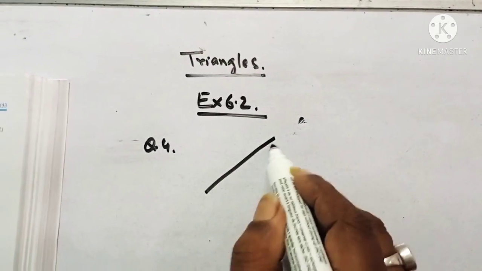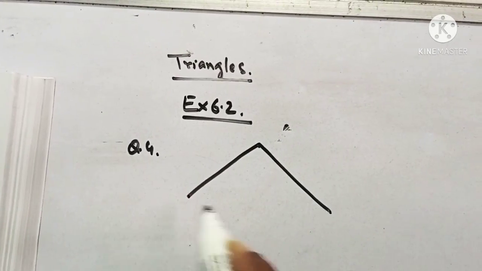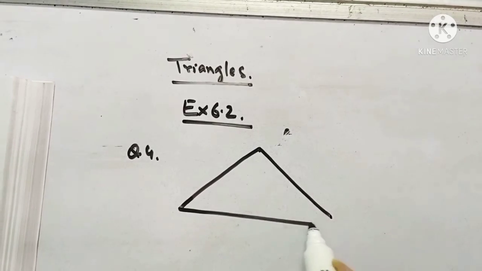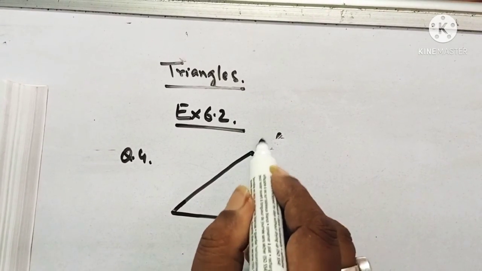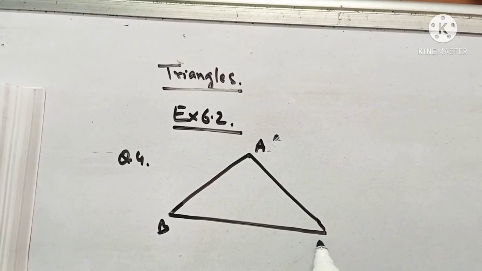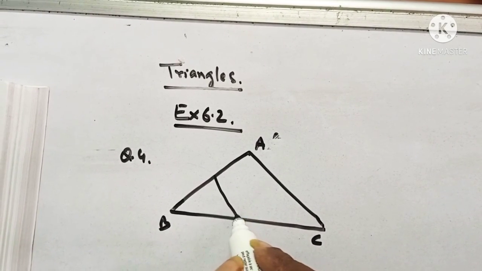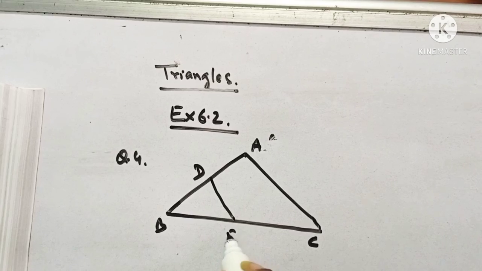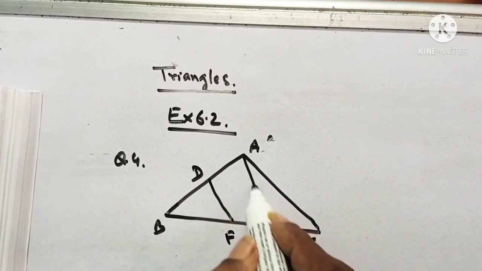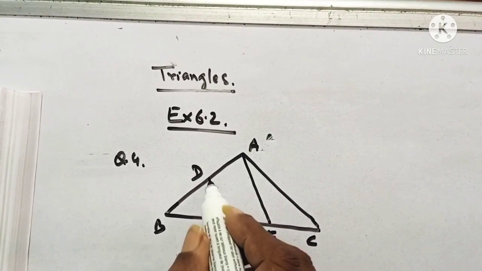The figure is like this. This is your figure. A, B, D, F and A, E, joined.